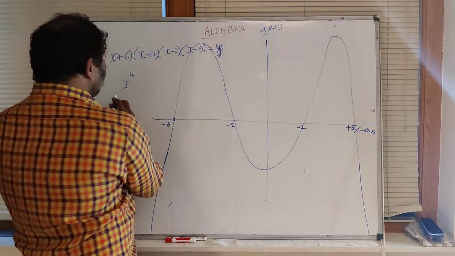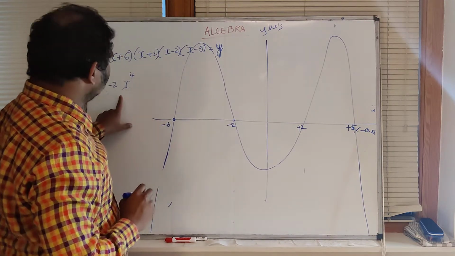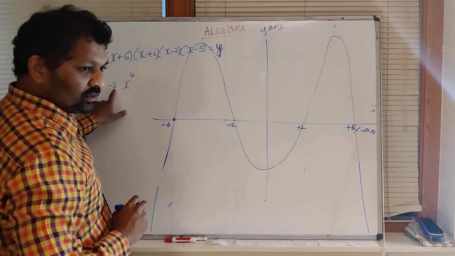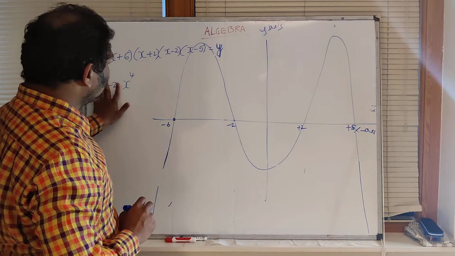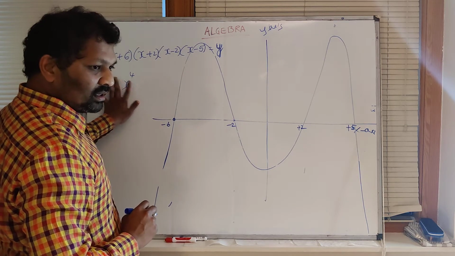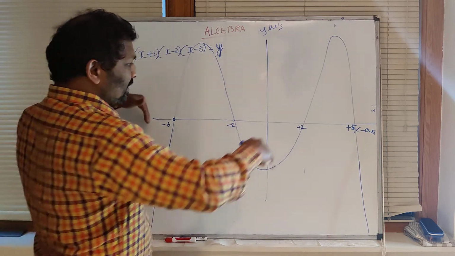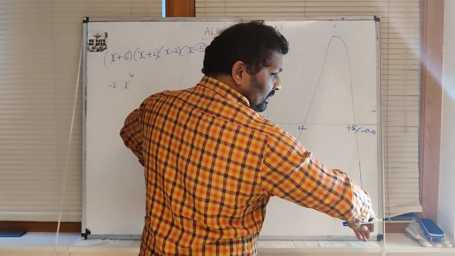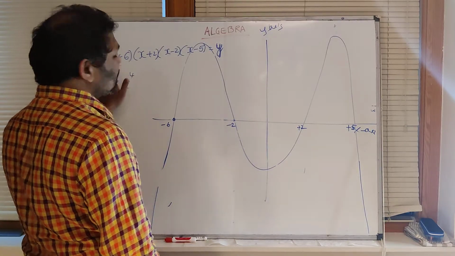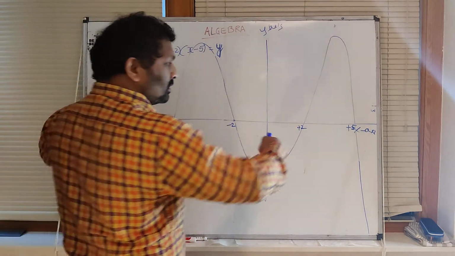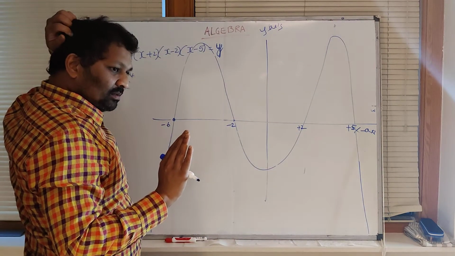If the coefficient is a negative number, for example a minus 2 in front of it, it will face downwards. If the coefficient of the maximum power is positive, both arms will go up.